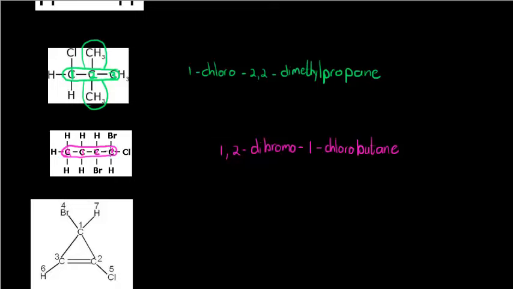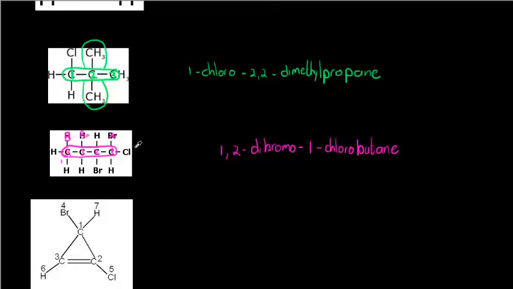So again, just notice how I numbered. If there wasn't a bromine here but there was a bromine on the other side, then I would number on the side that I would name first. I would name the bromine first, so I would start numbering there: 1, 2, 3, and I wouldn't start numbering here even though there's also a halogen on that side, because this one is named second.